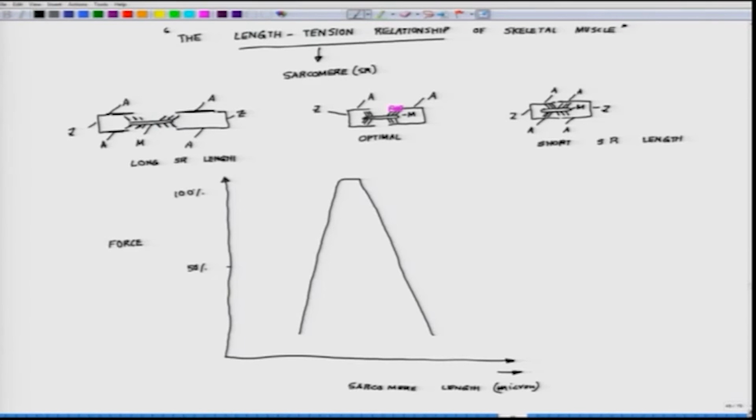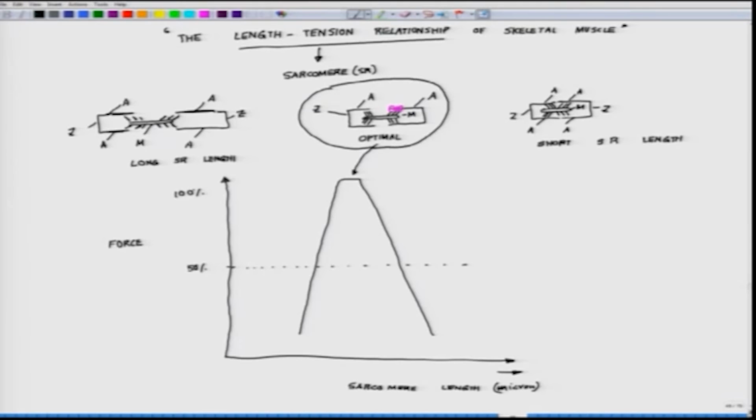The graph comes like this. So, you will observe at 50%. This is when, at the optimal length, you achieve the maximum force, or 100% force.